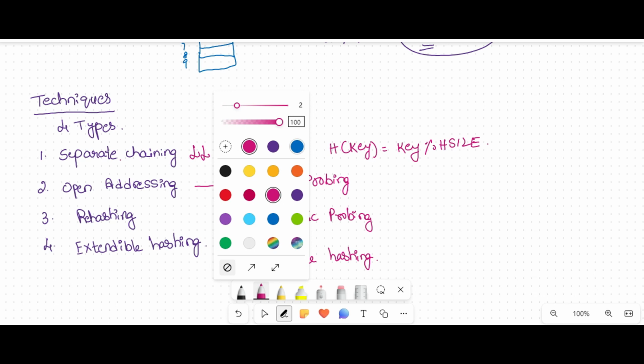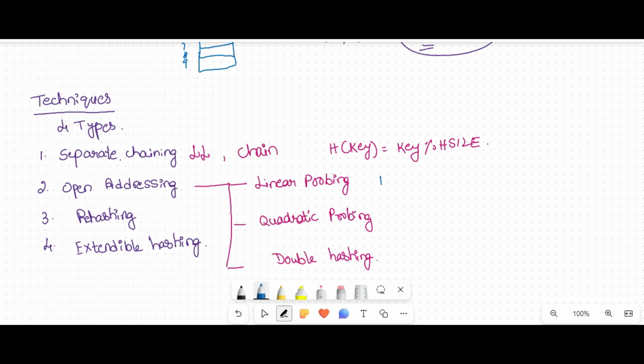So linear probing, the hash function used is capital H of key equal to small h of key plus I, modulus hash table size, where I equal to 1, 2, 3, 4 and so on.